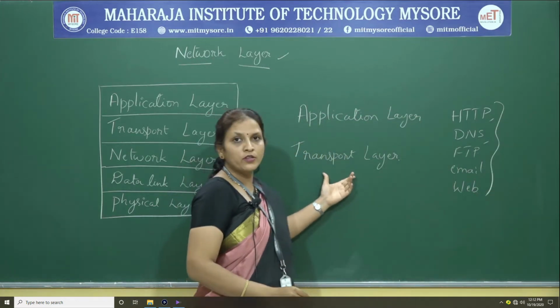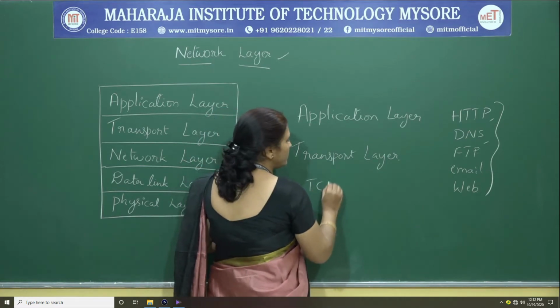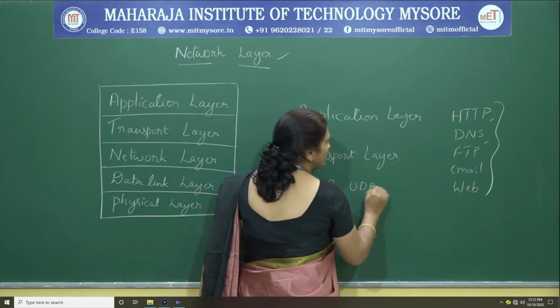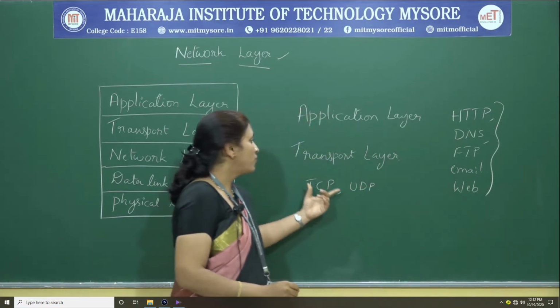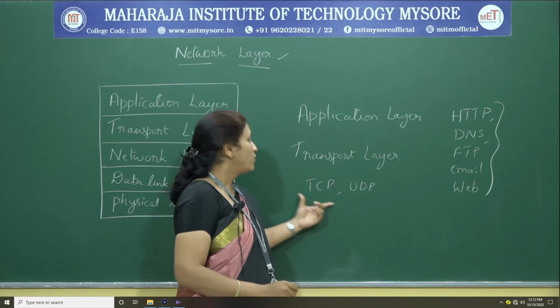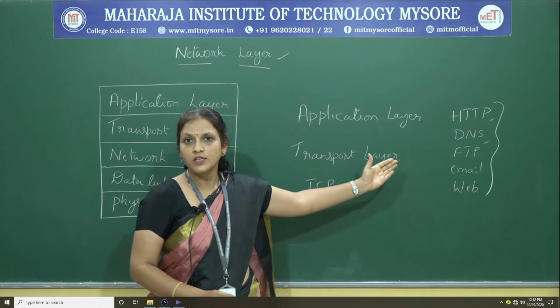In the second module, that is in the transport layer, we have studied about the connections, that is TCP and UDP, isn't it? These protocols are used in order to establish connection between two different hosts which are spread across the network.